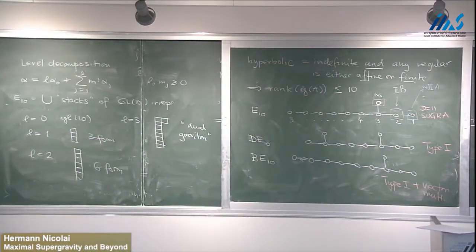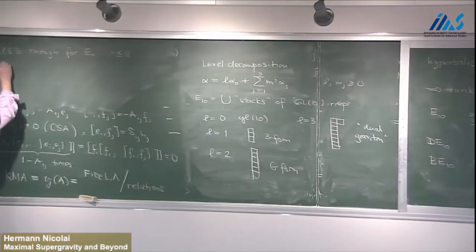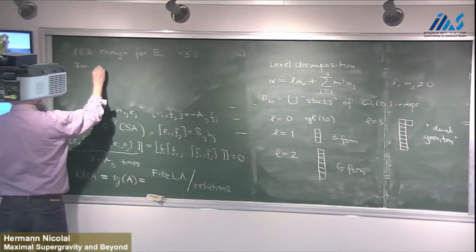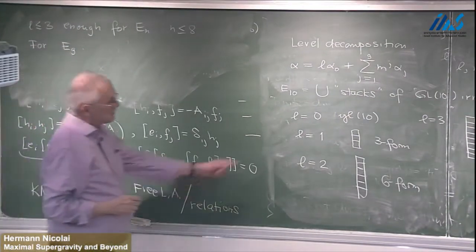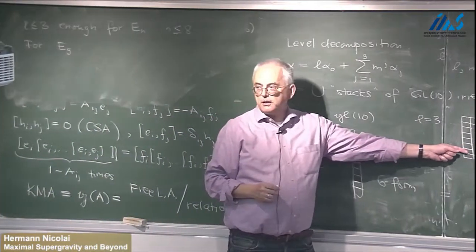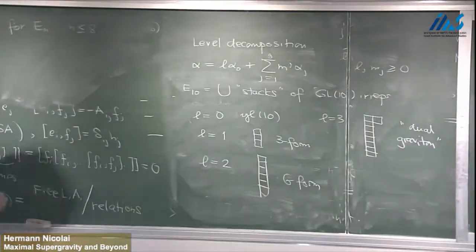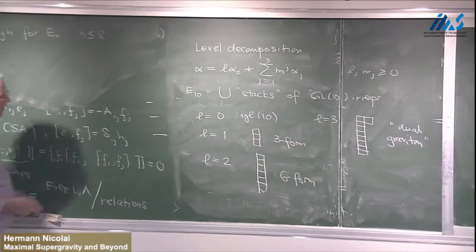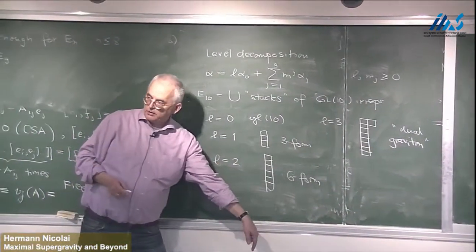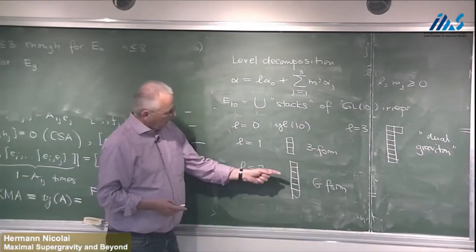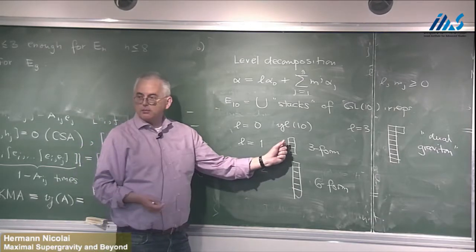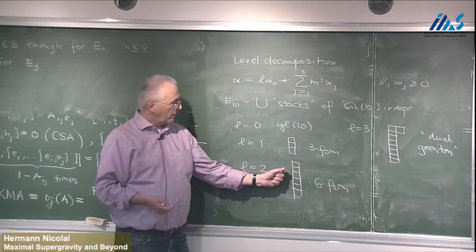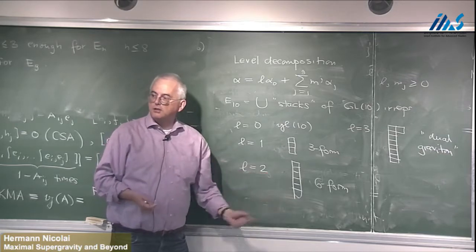For E9, what you find is that this pattern repeats an infinite number of times. It's infinite dimensional now, so at level, say, level 4, you find another one of those, level 5, another one of those, and so ad infinitum.